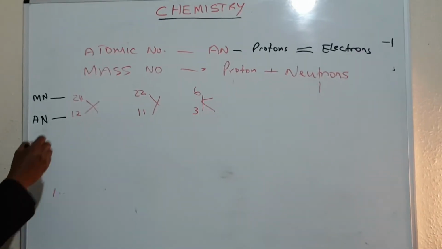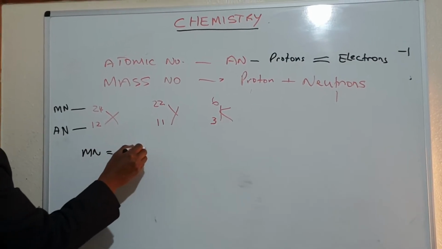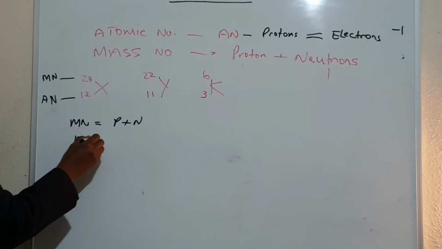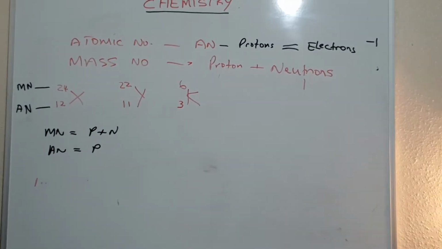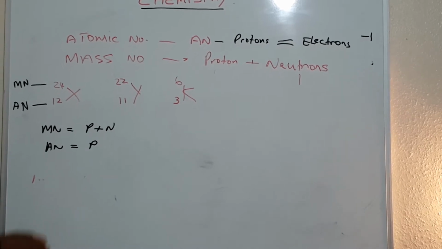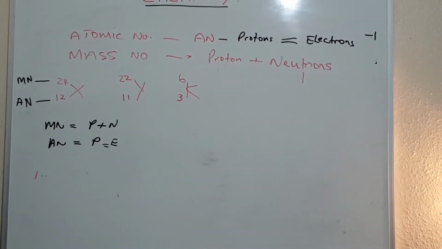And we said mass number is equal to protons plus neutrons, isn't it? Yes. So we say the atomic number is equal to protons, which is also equal to the number of electrons.